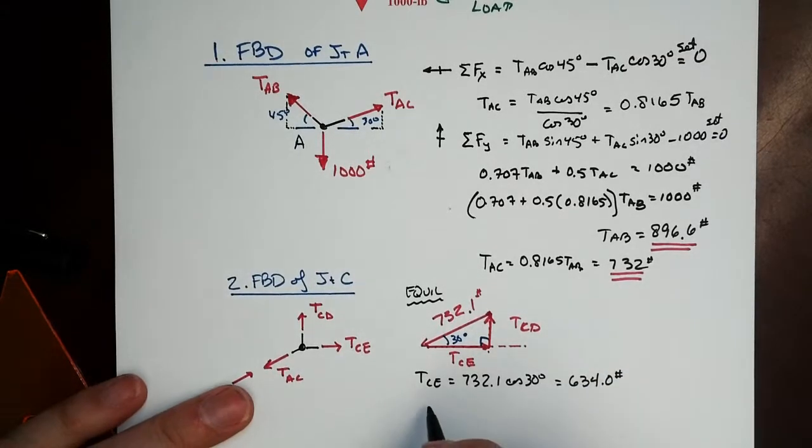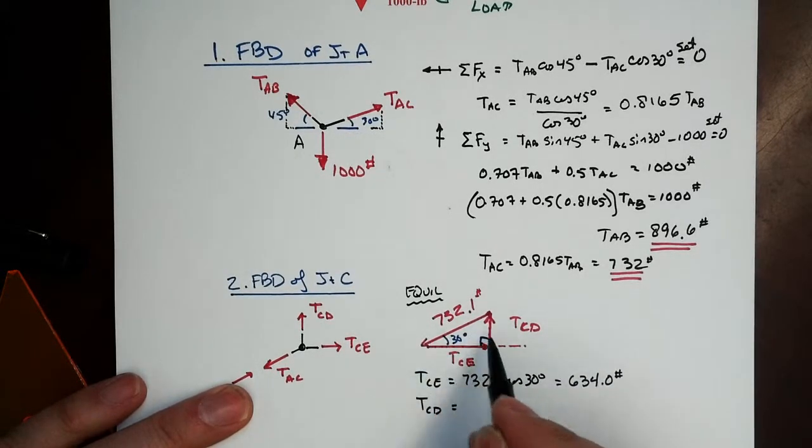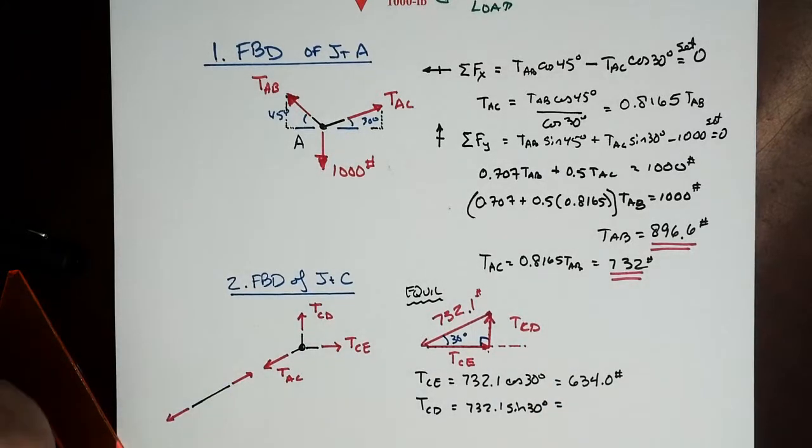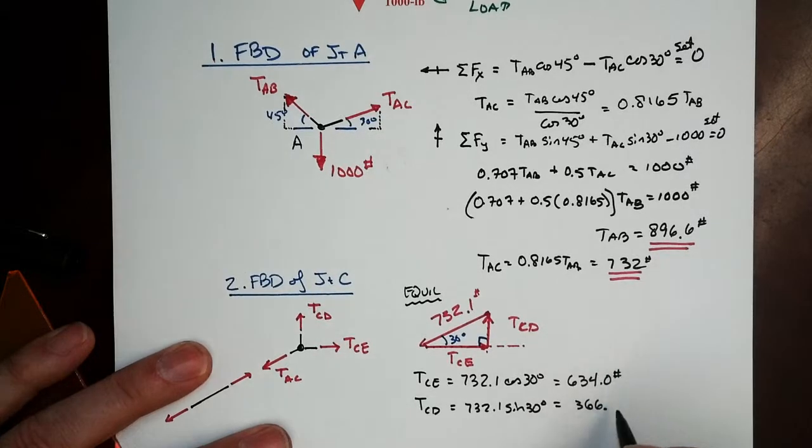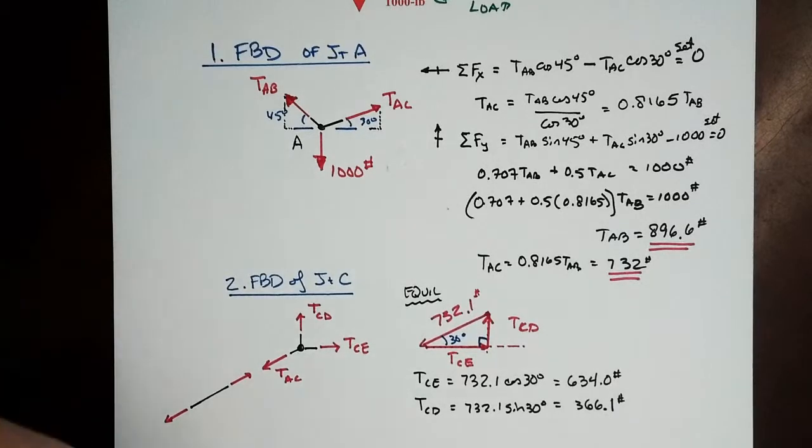And then TCD, and it's plus, means we got it in the right direction here. You can tell that just by the way we set up the arrows and go back to the beginning. And that's going to be 732.1 times sine of 30 degrees, which of course is 1/2 of that. That's 366.06, which we always take that. Oh no, we don't either. It's not a 5, it's a 0, so that goes to 0.1 for now.